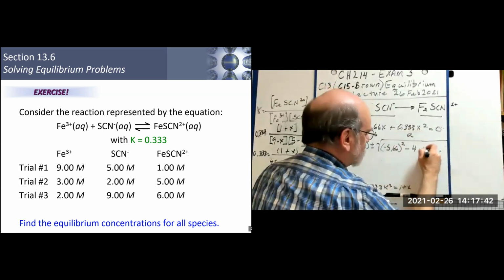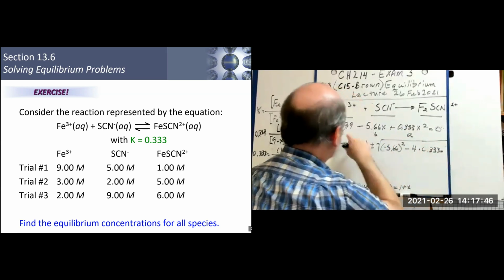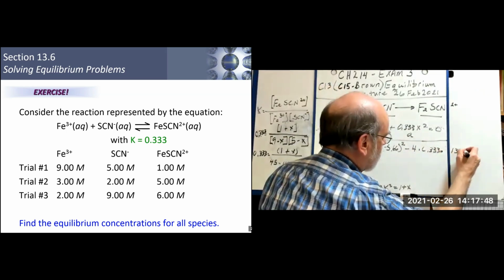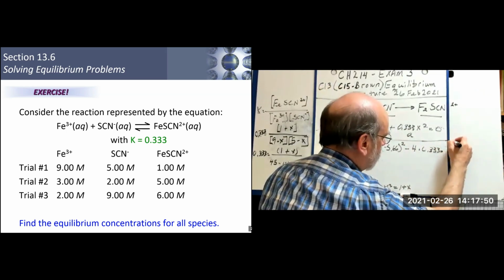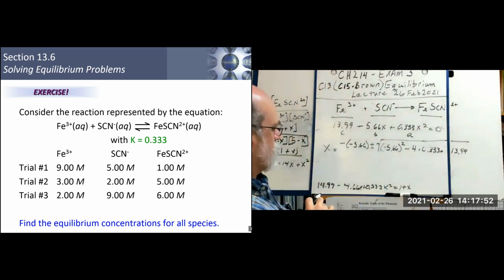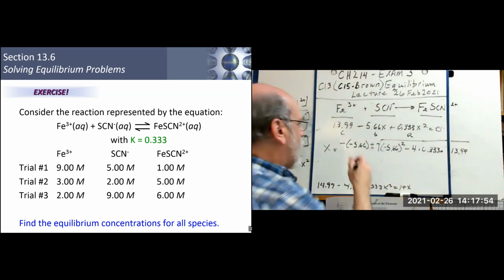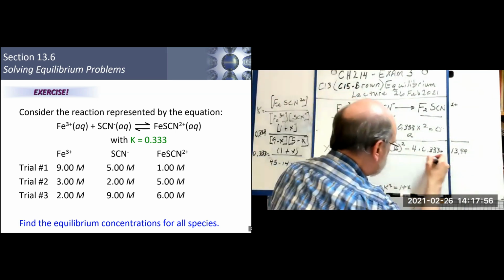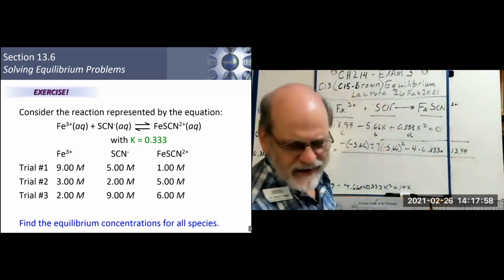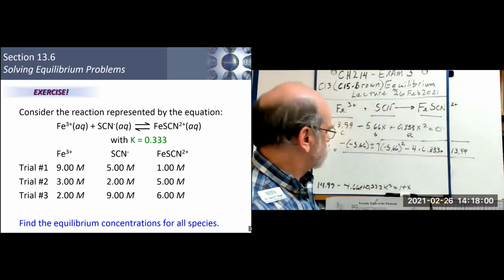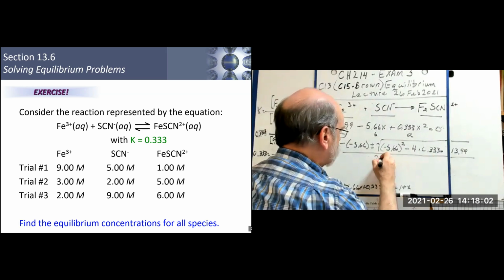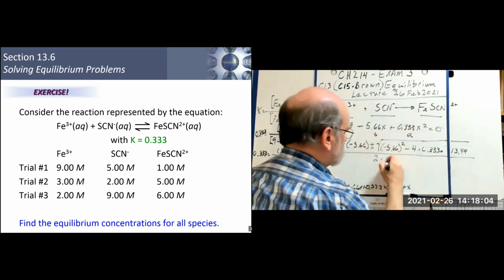A is this one, 0.333, c is 13.99. Okay? All divided by 2 times A, 0.333.